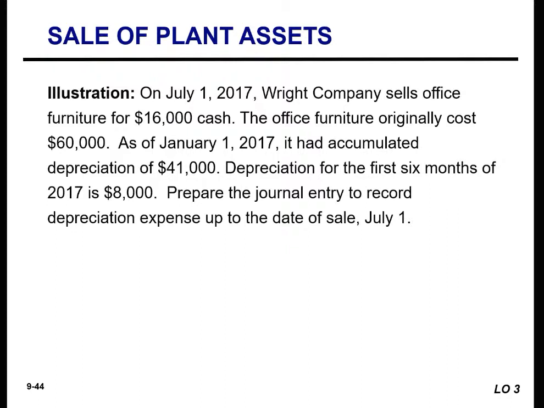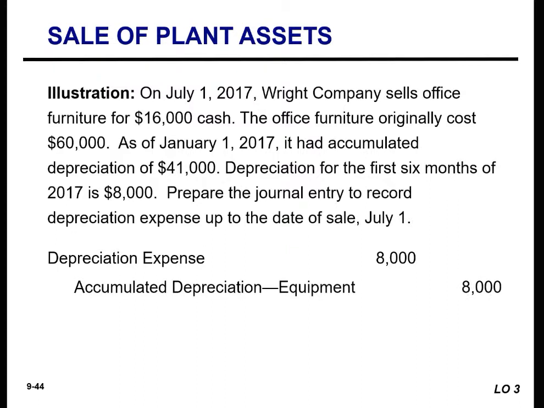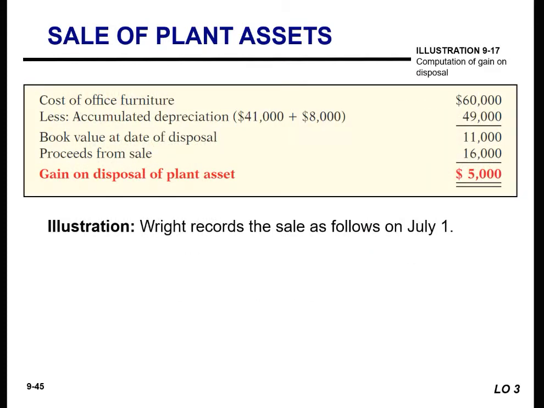They tell us that the first 6 months of 2017's depreciation is $8,000. So we have $8,000 of depreciation expense, and we true up our accumulated depreciation related to the equipment, another $8,000. So now we have the cost of the furniture at $60,000.